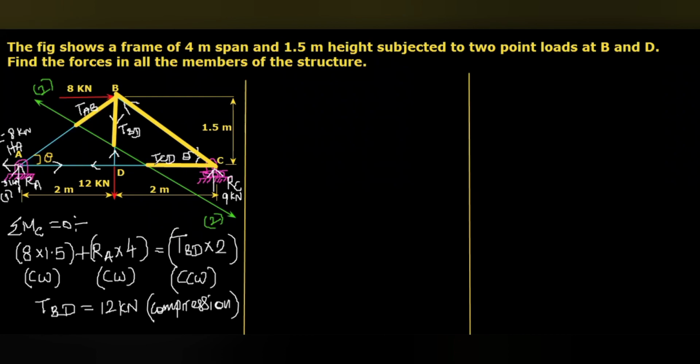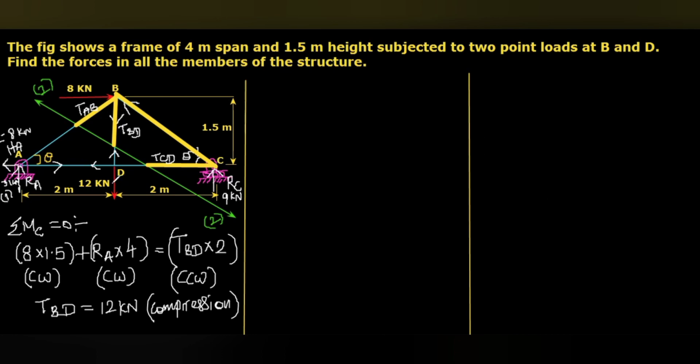If the upper portion is the considered part, all the point loads in the considered portion you have to consider, like 8 kilonewton and the RC. So there are 5 forces: 2 point loads, 8 kilonewton, reaction upward force RC at point C, TAB, TBD, TCD. TBD we already calculated, so TAB and TCD we are going to calculate.